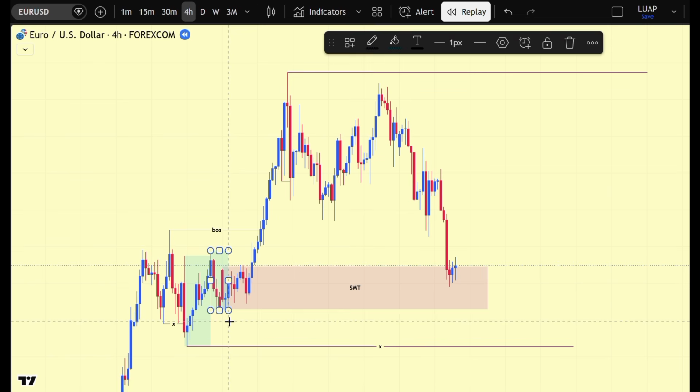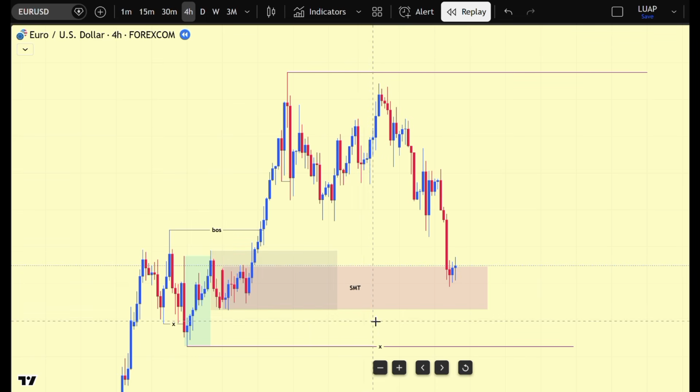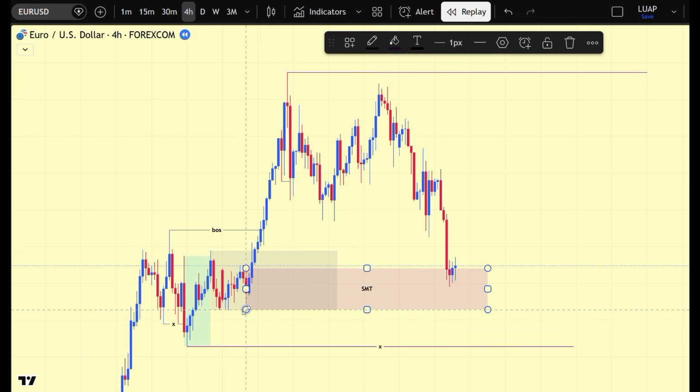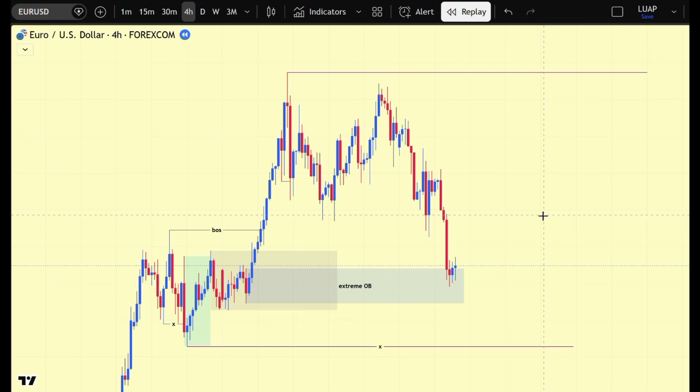In this case it's not mitigated, meaning it's valid. So exactly right there, we have our valid order flow, meaning our valid order block will be that one there, and in this case, the extreme order block. You can clearly see our smart money trap on the higher time frame turns out to be a lower time frame zone. So this makes the extreme bullish order block.